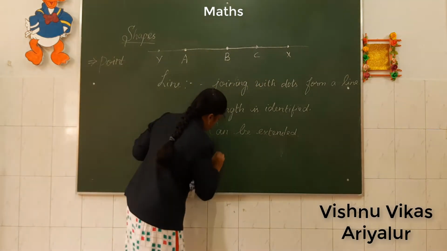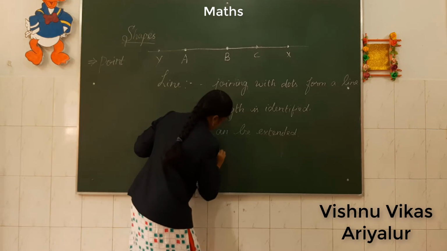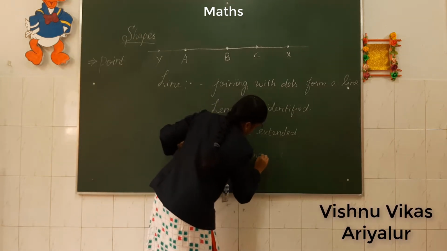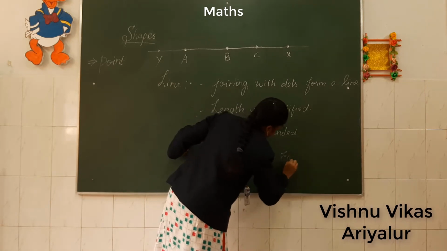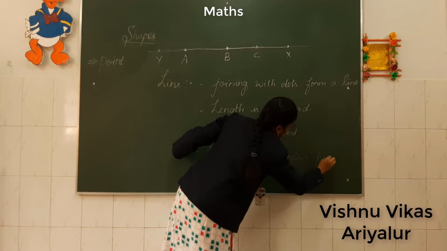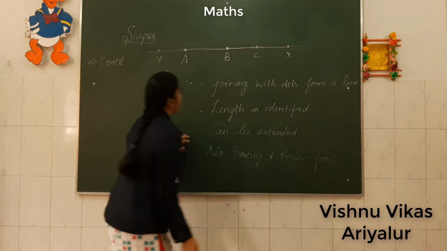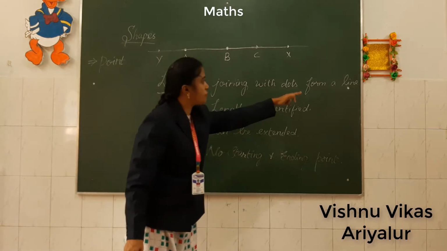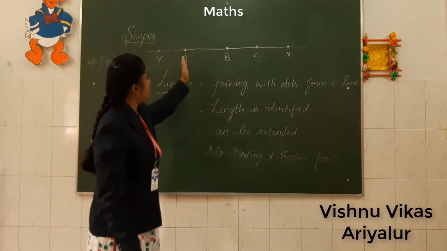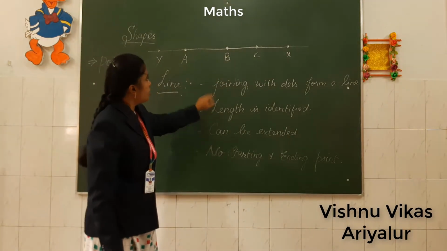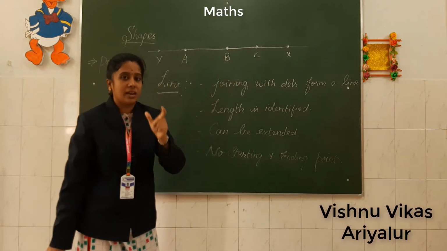So it has no starting and ending point. Many dots join together to form a line. So in the line, a definite length is identified.